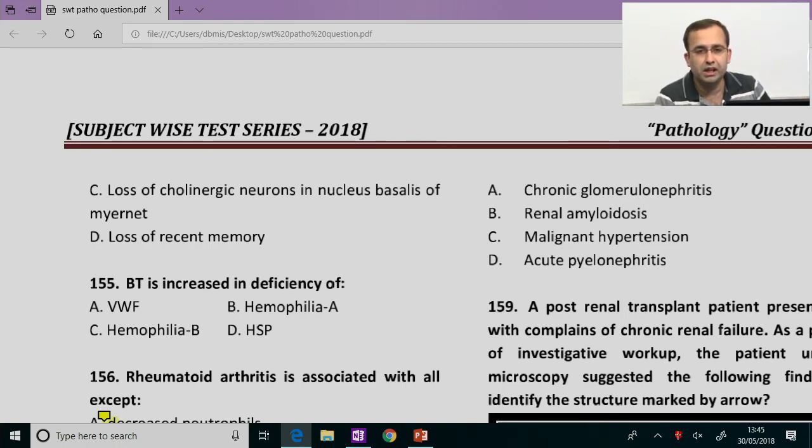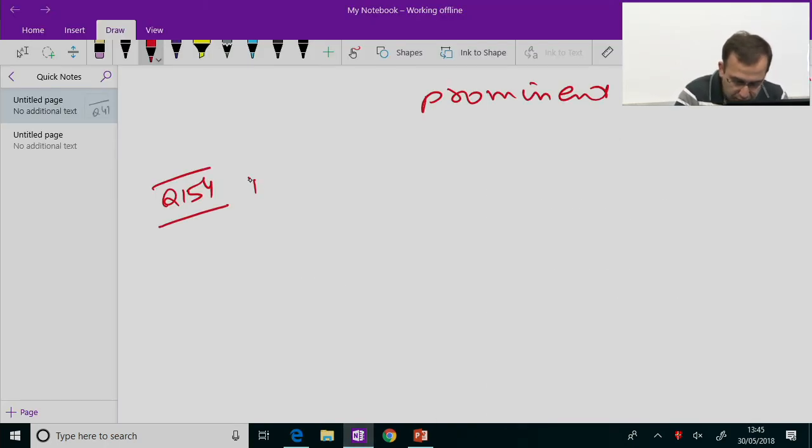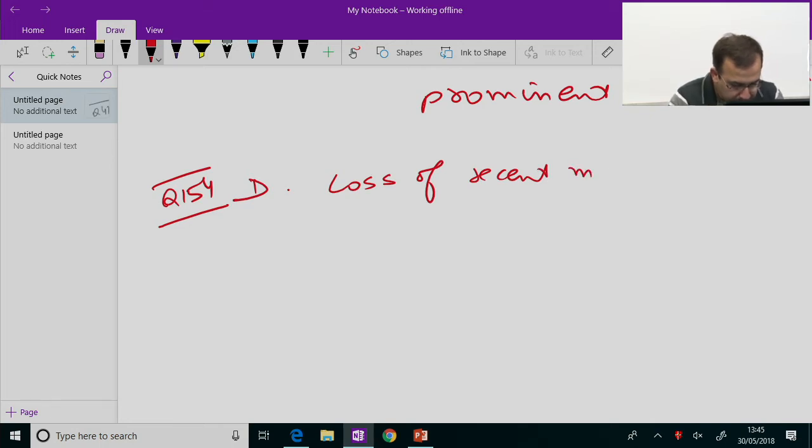Loss of recent memory, no, it is associated with loss of recent memory. So the answer to question 154 is D. The rest of the options associated with Alzheimer's were correct.